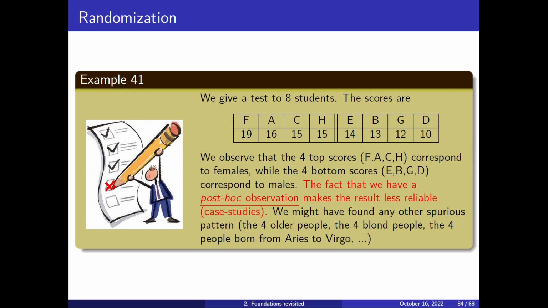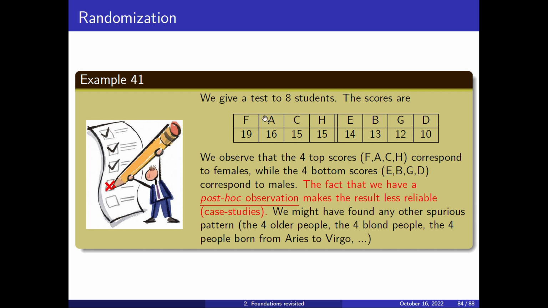Let's consider a different situation. We give a test to 8 students, and then the scores are these ones, and then we look at which characteristics make up this group. So what are the features of this group that this other group does not have?